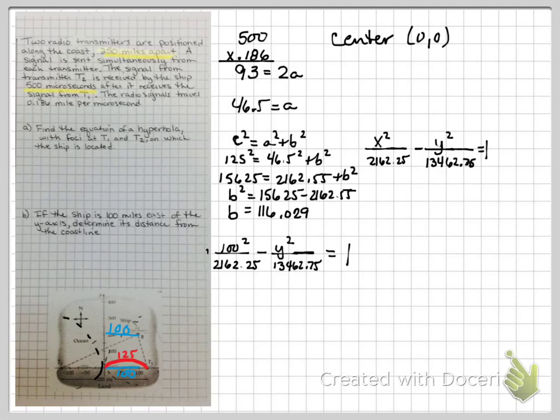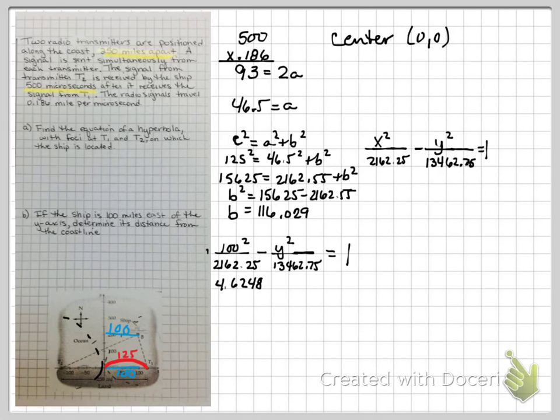Now we just got to solve for y squared. So pull out your graphing calculator, and let's do 100 squared divided by 2162.25, and then take away 1. And you should get about 4.6248.